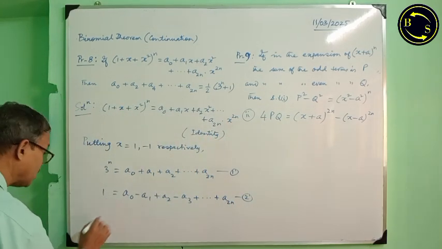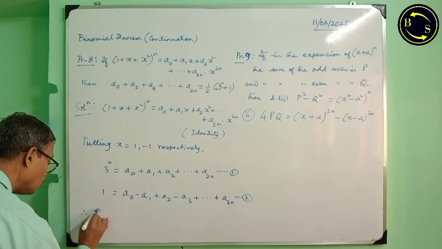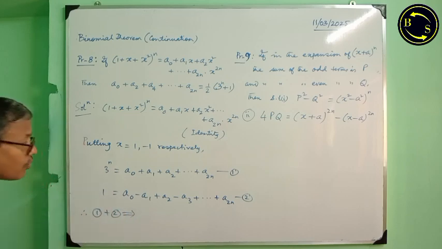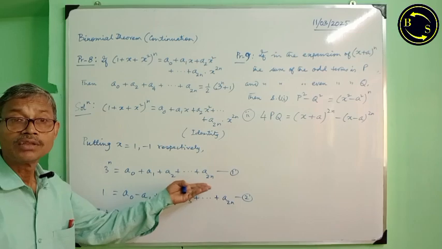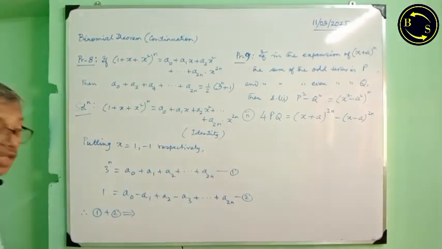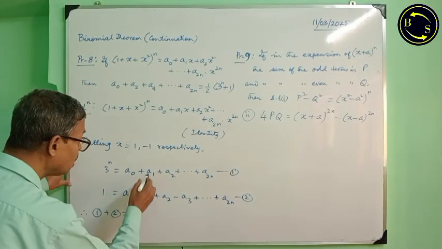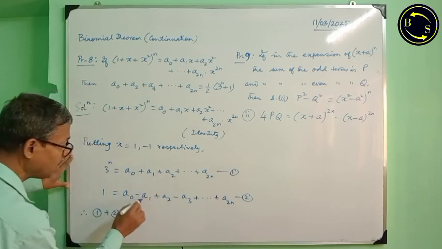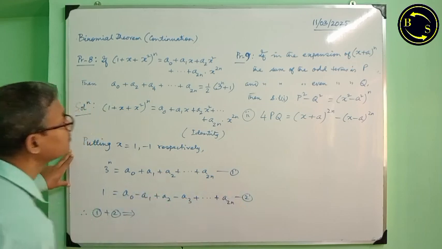Now we add these two, therefore 1 plus 2. I write the right hand terms on the left. You see, terms occupying even places will be cancelled.